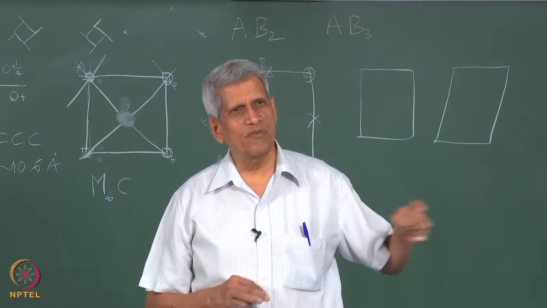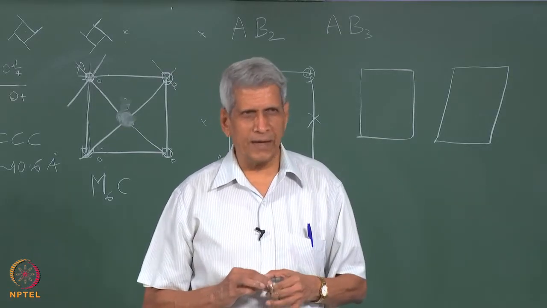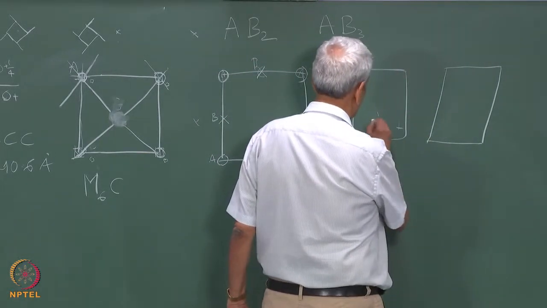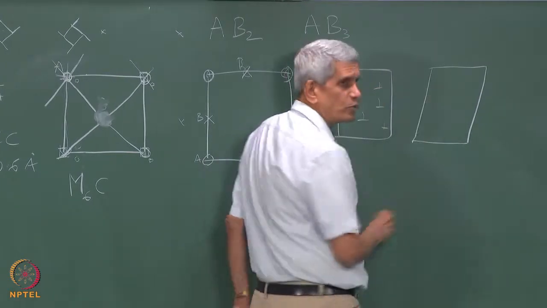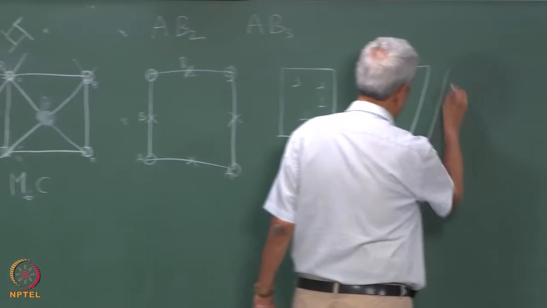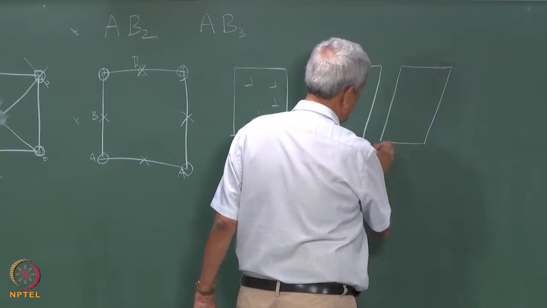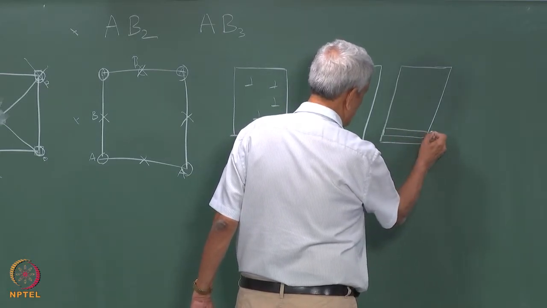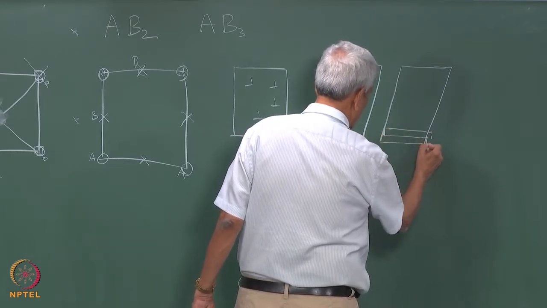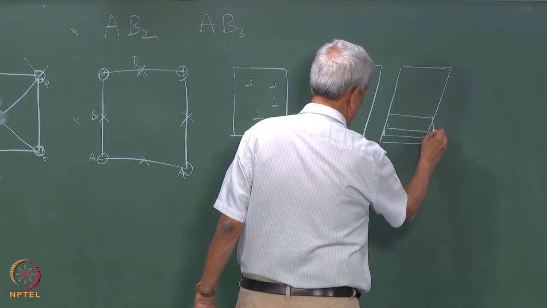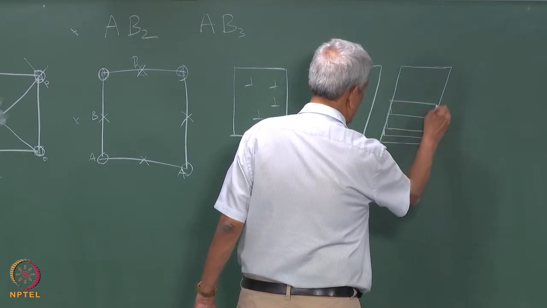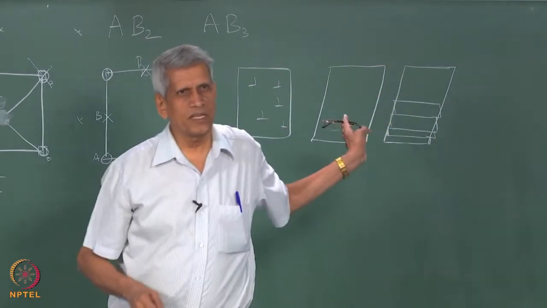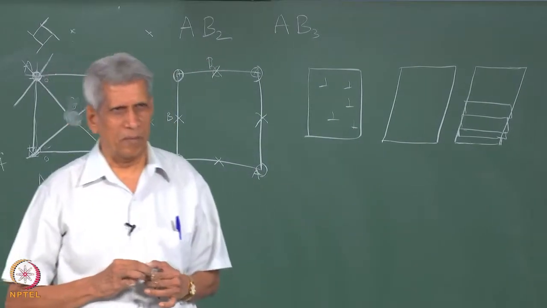Another is introducing defects into the material. That also can happen. The same transformation we can bring about by, suppose I have some dislocations like this which move. Then the average shape which we will achieve is similar to that of a parallelogram, correct?